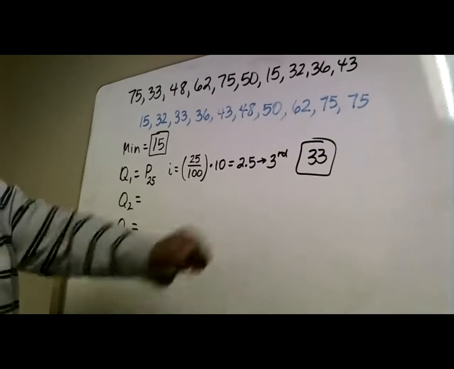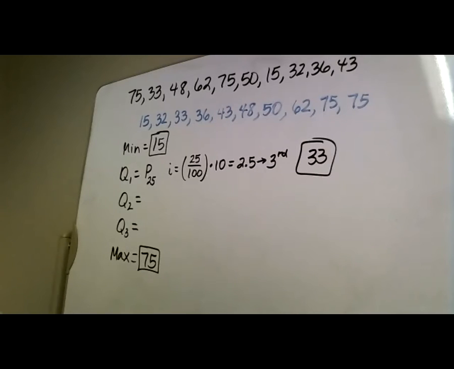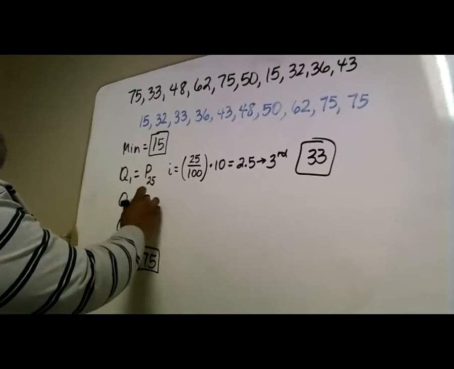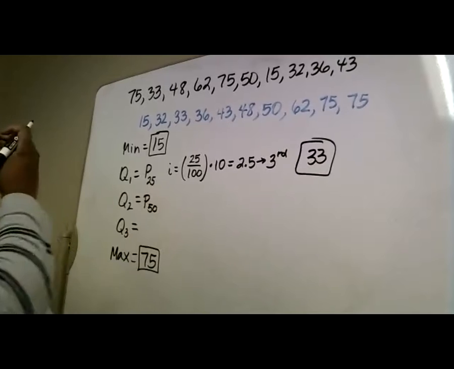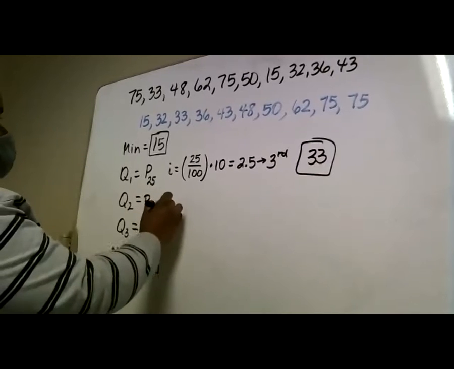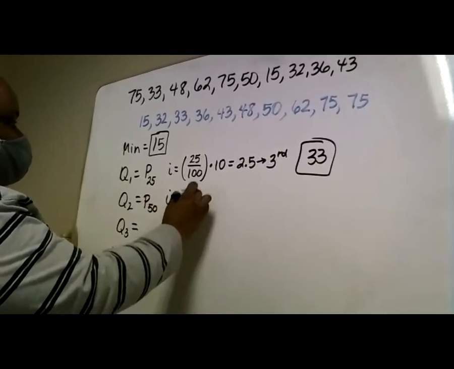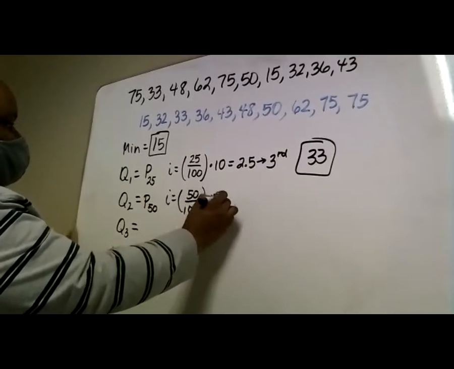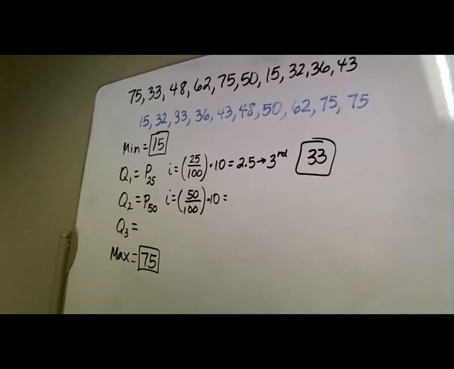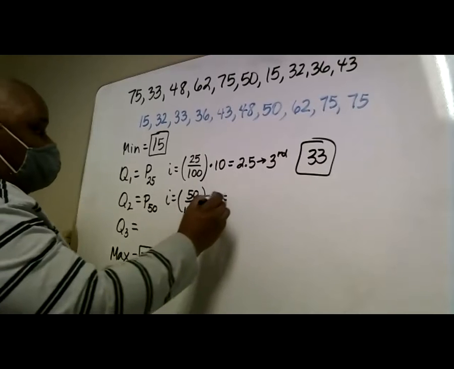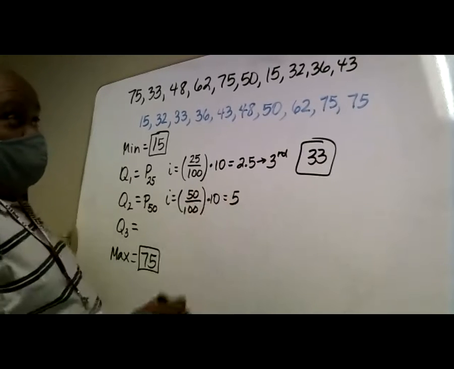All right, so 33 is the number that represents the first quartile. And now Q2. That's the 50th percentile, which means this is 50 divided by 100 times 10. How much? It's going to be 5, and it's a whole number.